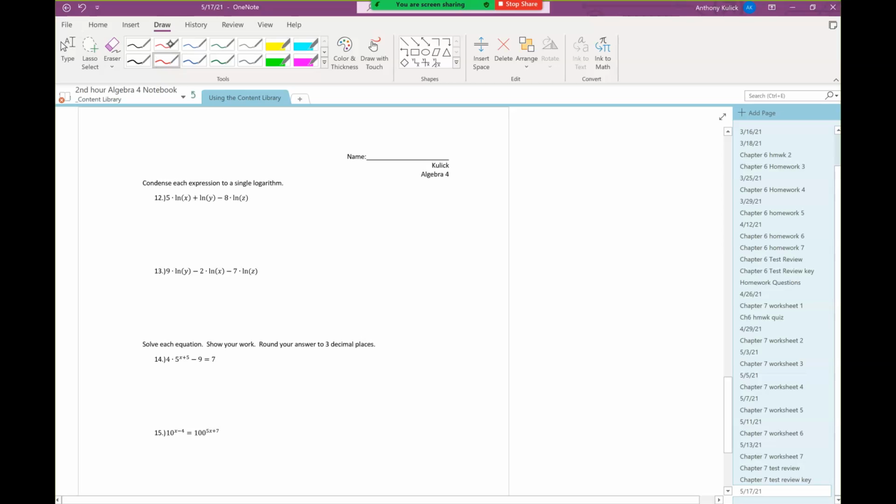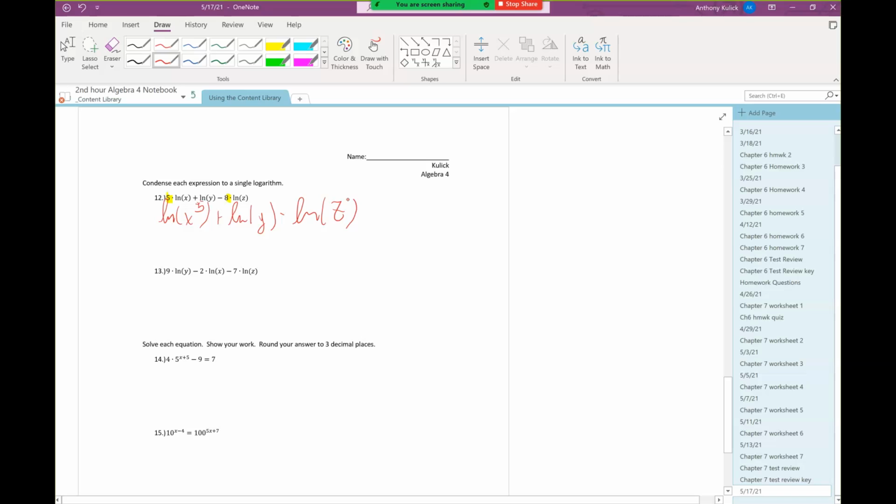Okay, so let's just do 12, I guess, for the sake of argument. Here, the order is reversed, so we're doing power, product, then quotient. And what we're doing on a condensing is we're looking at what's going on outside the logarithm. So for the power property, I'm looking for coefficients. So I see 2 coefficients, so I can do power properties on each of those 2, which allows me to move that coefficient to the exponent. Exactly.